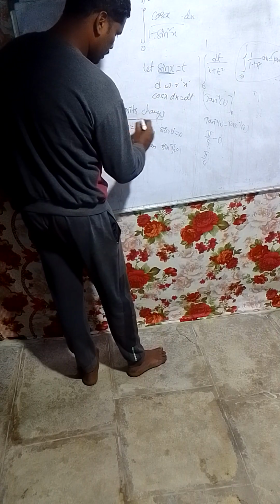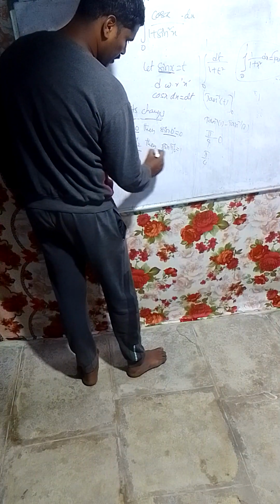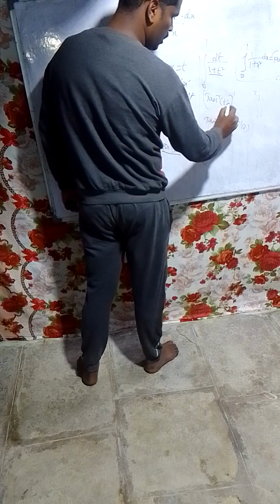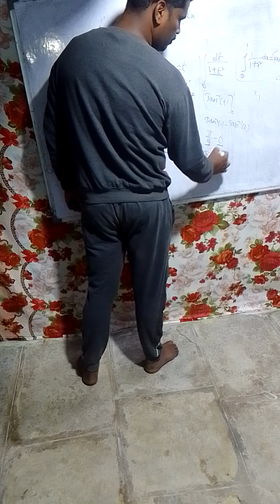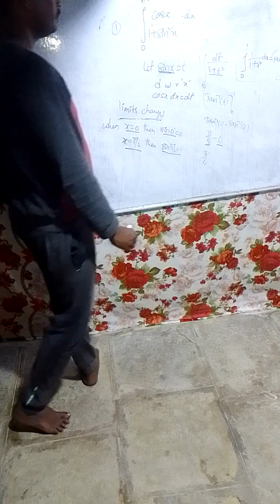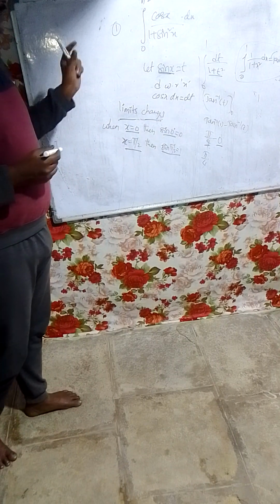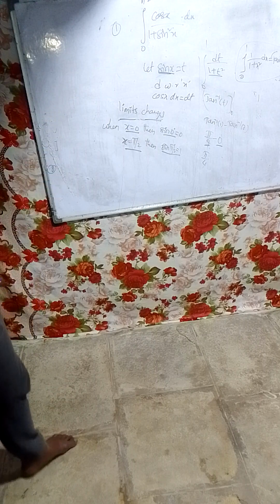When x is 0, sin 0 is 0, x is pi by 2, sin pi by 2 is 1. The formula is very important. Here limits are 0 to 1. Tan inverse 1 is pi by 4, then we get pi by 4. The basics are very very important here. When you are taking sin x equal to t is most important. Shall we go for the next one?